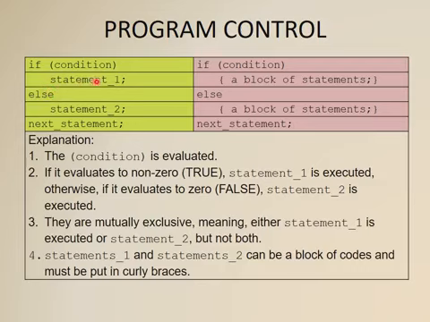So between statement 1 and statement 2, only either statement 1 or statement 2 is executed, but not both. If these two statements are blocks of statements, then they will be written in curly brackets. After executing these statements, the next statement will be executed.